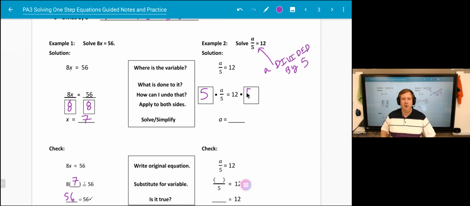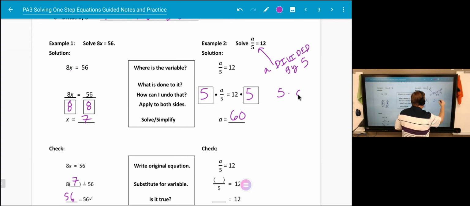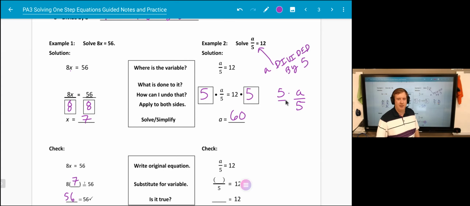And here's how this works. I'm going to show you this left side real quick. Well, let's do this. 12 times 5 is 60, okay? But here's how this works. 5 times a divided by 5. Now, this 5 that I'm multiplying, let's make it a fraction, right? If I want to make it a fraction but keep it the same, I'm going to put it over 1. And you might already realize this, but this is why it works.